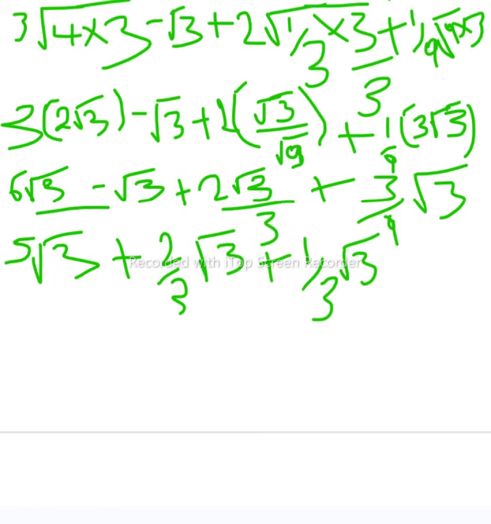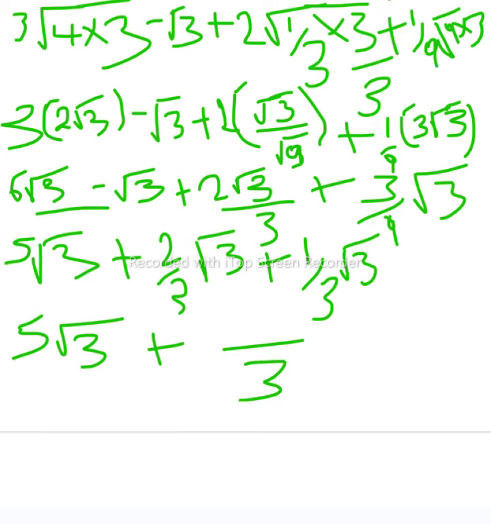Now let us add. First, let us write this and add the fraction part. Square root of 3 plus, since the radicals are the same, we can take 2 over 3 plus 1 over 3, and the radical 3 we take once.